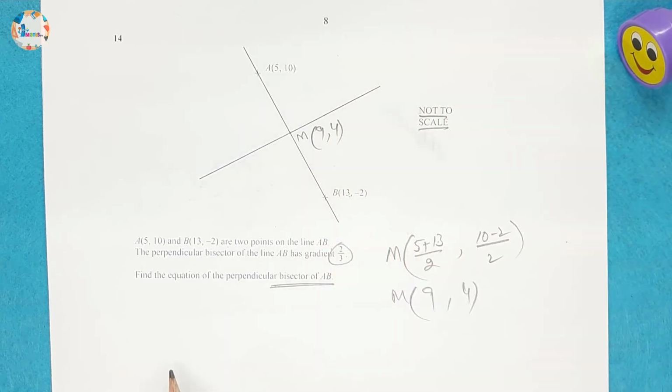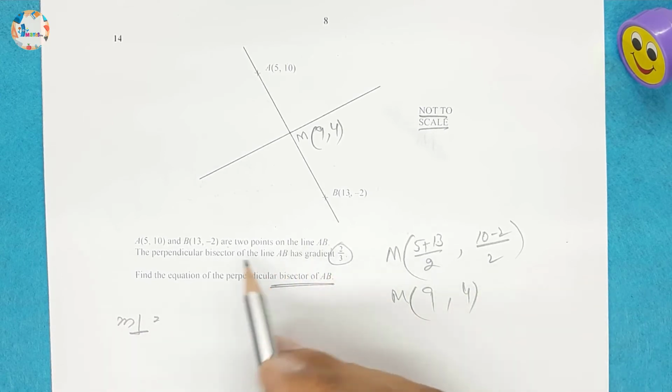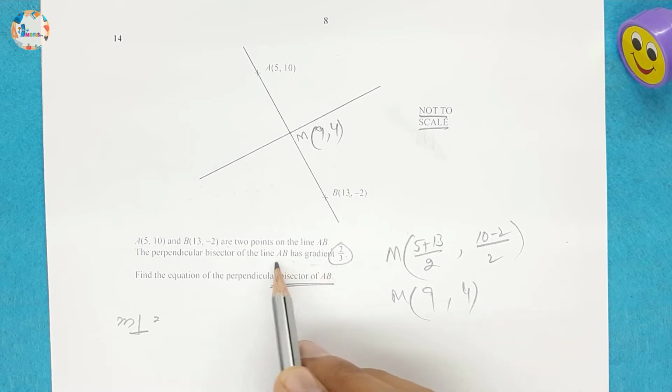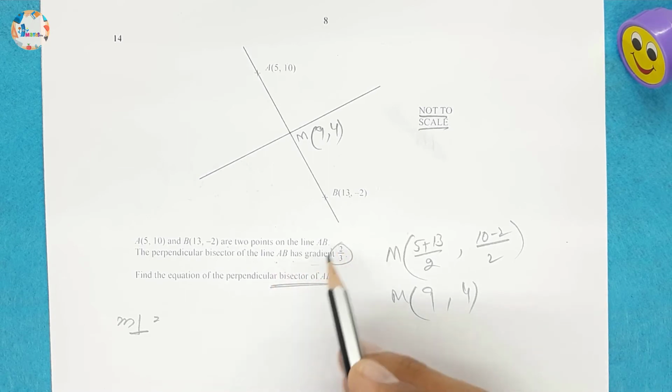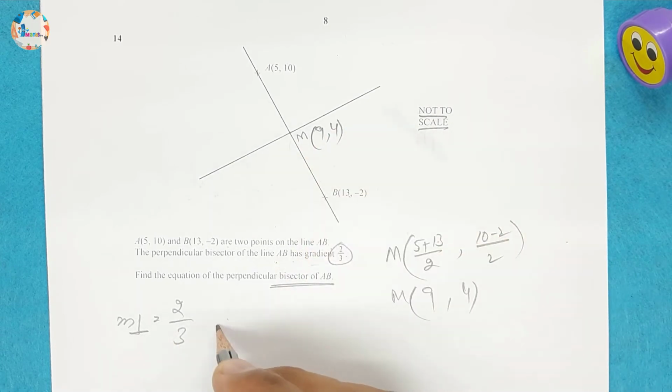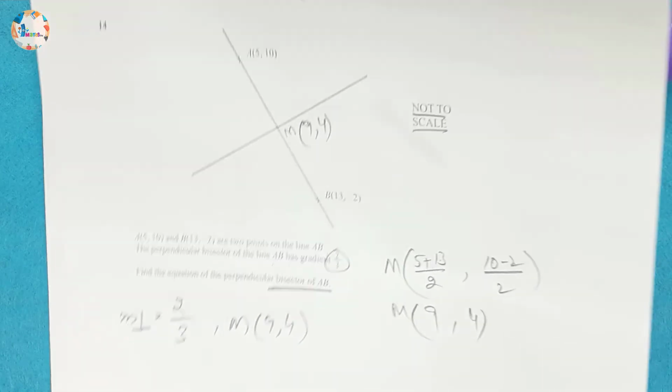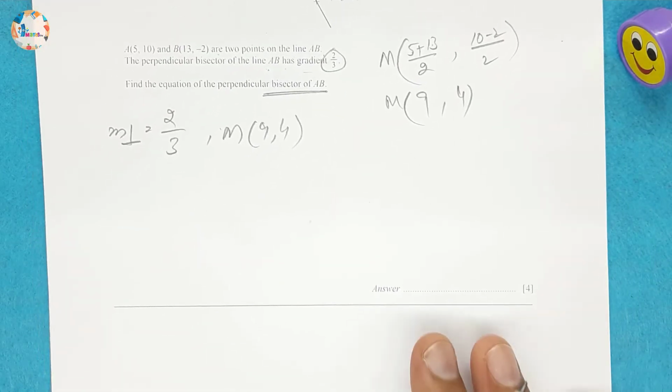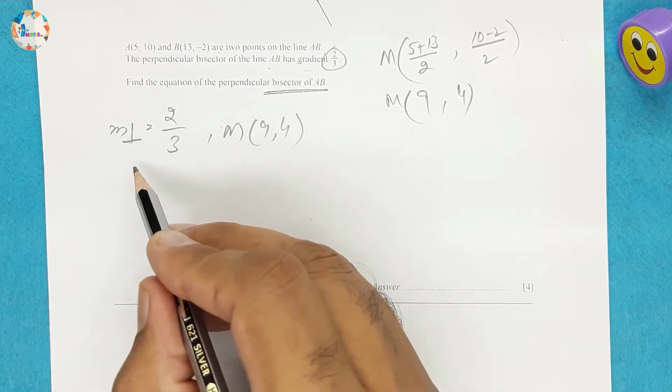The gradient of the perpendicular bisector, as provided, is 2 by 3. So the point we can take as M, 9 and 4, and we can write the equation of the line.